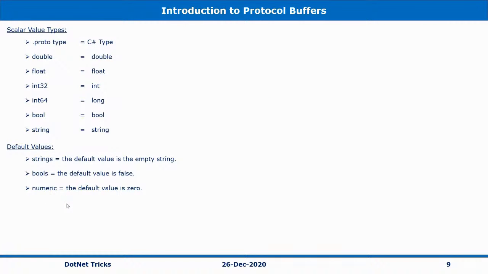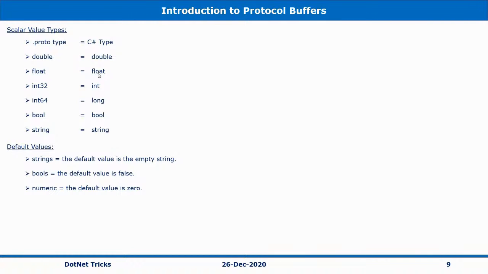And if you see the scalar value types, this side one is the proto type, the Google protobuf type, and this side is its equivalent in C sharp. On the gRPC official site, you can see that there is a big list and a lot of supported languages. Everything is given on the site.